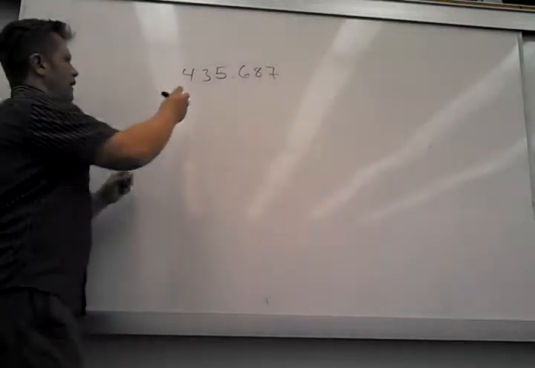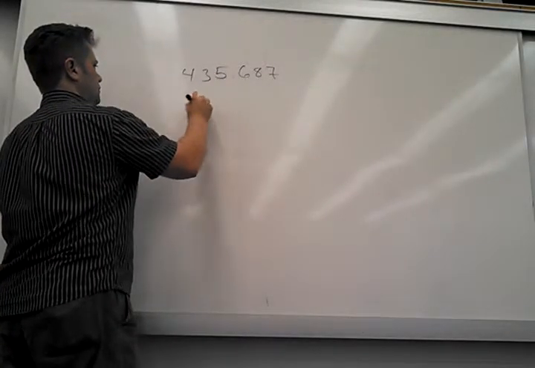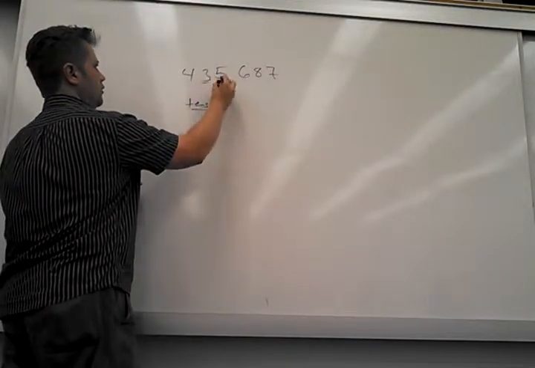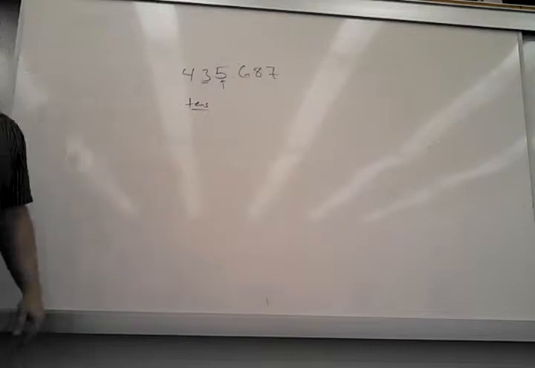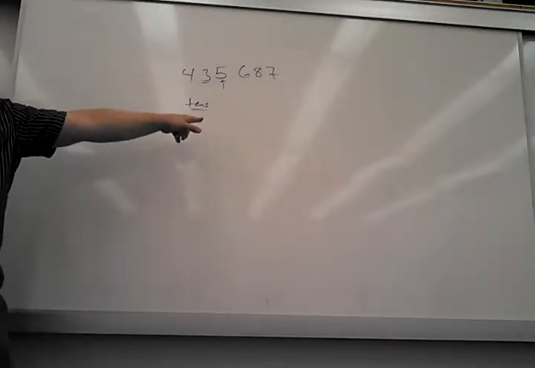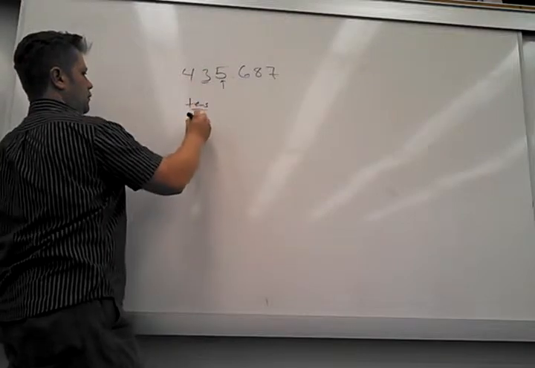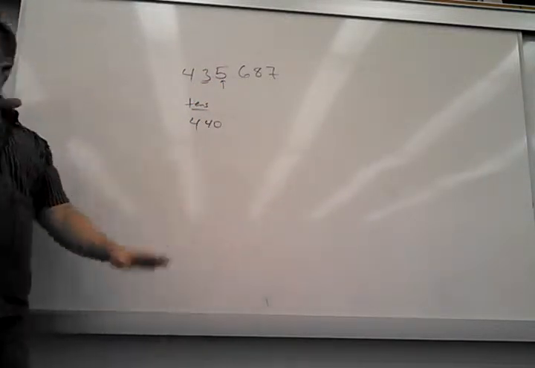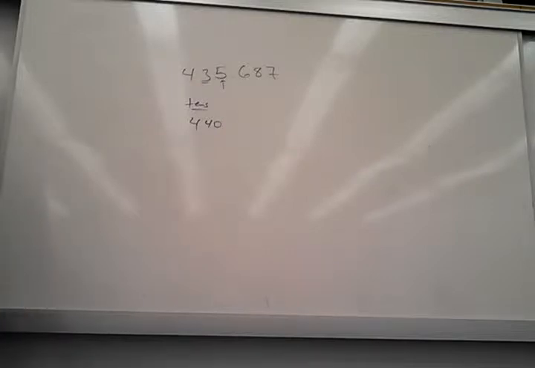So if I ask you to round to the tens, or to anything, you find that place, and then you look at the number next to it. If I round it to the tens, this part would become 440. Yeah, that's it. What about number 26, 87? They're all zeros now, because you rounded it. If you round it, you make zeros at the end. Everything else becomes zero.